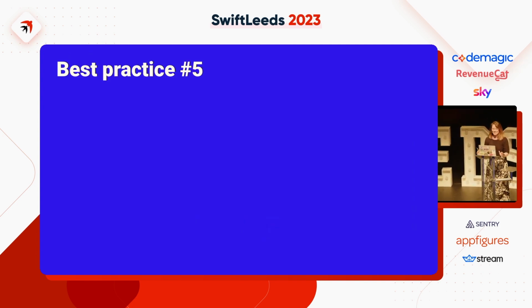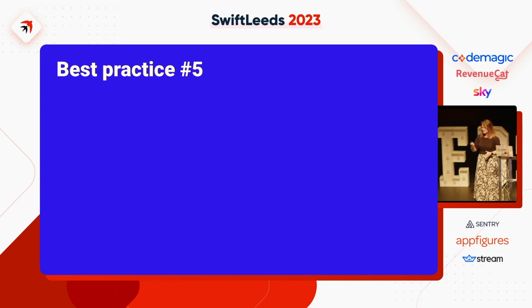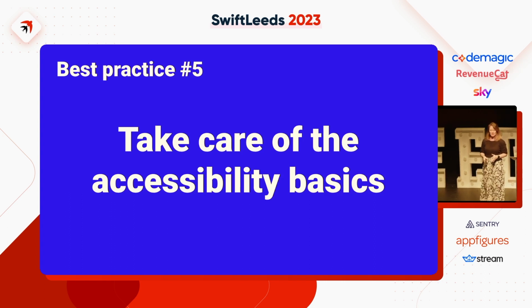People who've worked with accessibility before, you may be thinking, come on, Robin, you're talking about accessibility labels? It's so basic. We talk about this all the time. But the basics are critical, which is why I propose best practice number 5, to take care of your accessibility basics. So everything that you have on your list for accessibility can be applied to a map view.